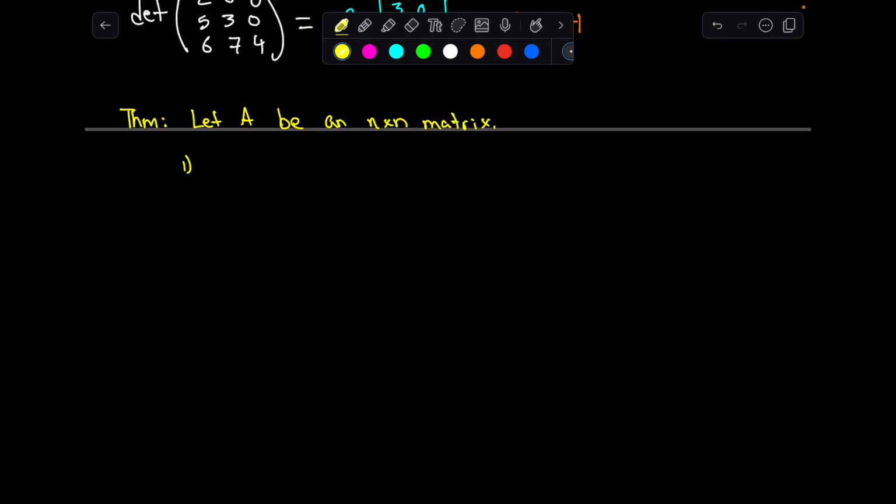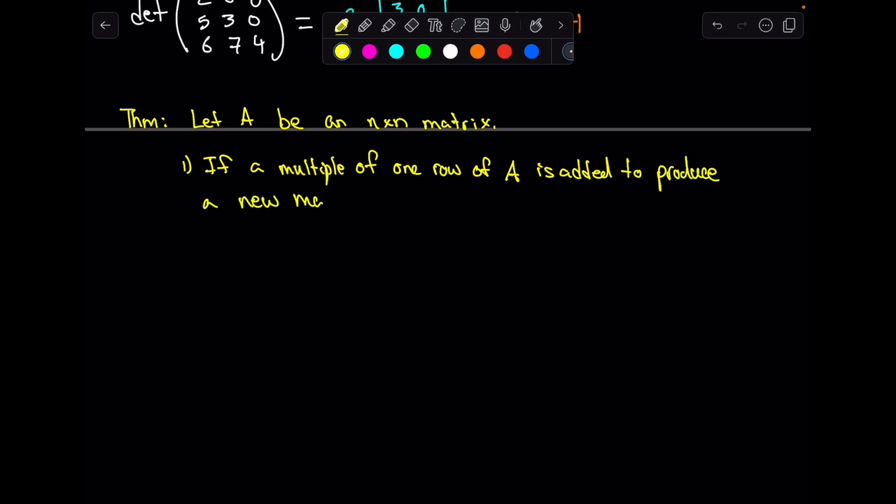So then, number one, if a multiple of one row of A is added to another row to produce a new matrix B, then the determinant of A is still equal to the determinant of B. So basically, if we do one of our standard operations, if you add rows together or you multiply a row times a number and add it to another one, we still get the same determinant. Determinant of A is equal to determinant of B.